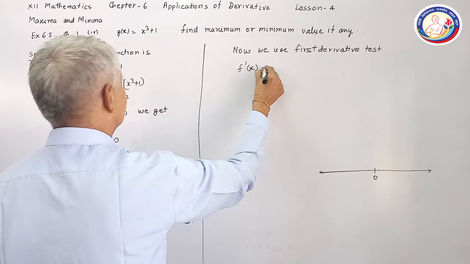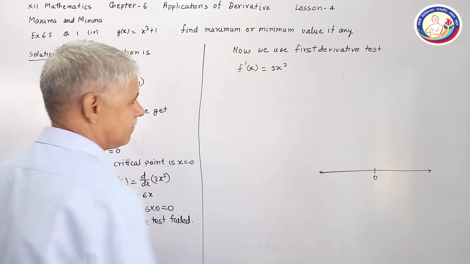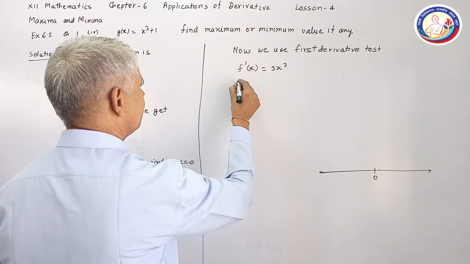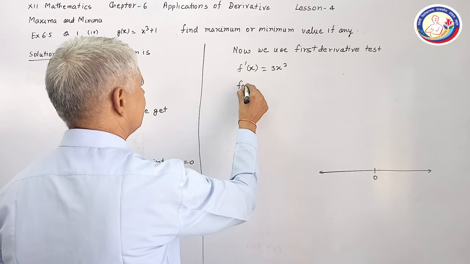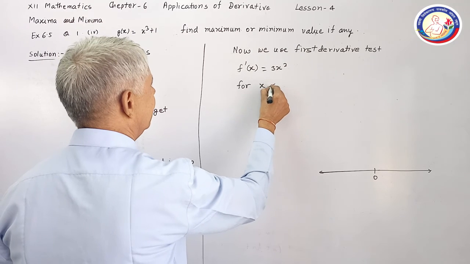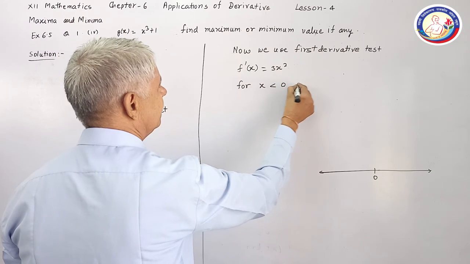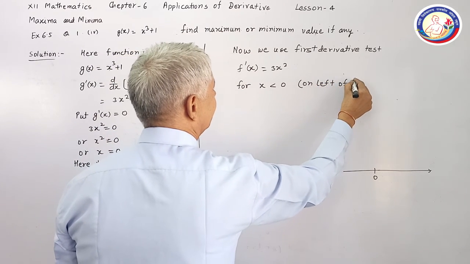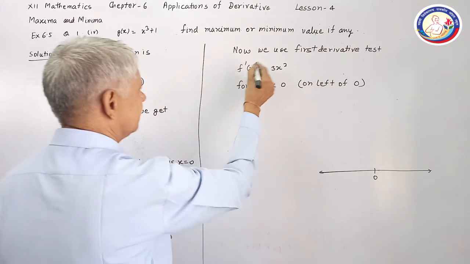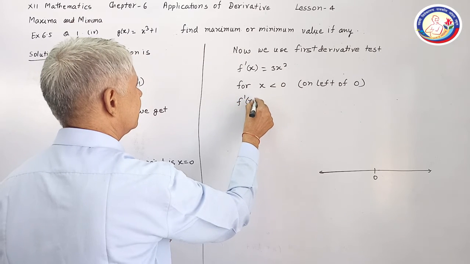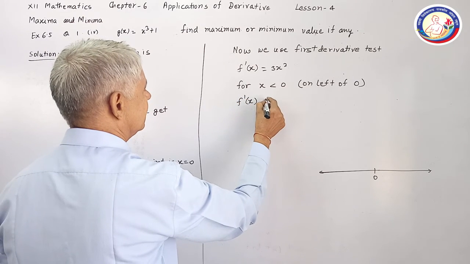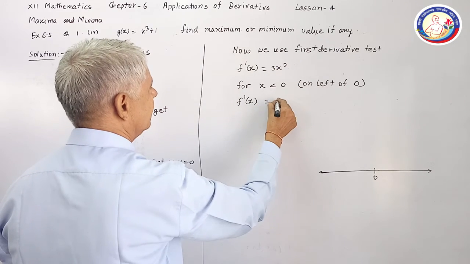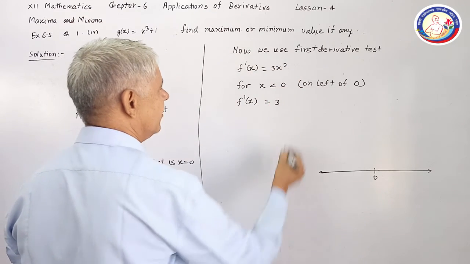For x less than 0, on left of 0, f dash x will be 3 into negative quantity square.